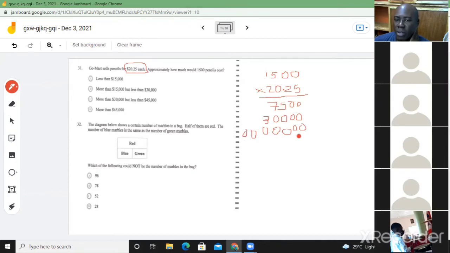And then you're going to put 3 placeholders. 1, 2, 3. And then you start this one. 2 times 0, 0. 2 times 0, 0. 2 times 5, 10. Carry the 1. 2 ones, 2 and 1, 3. You get something like that.